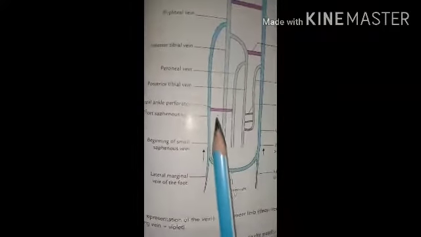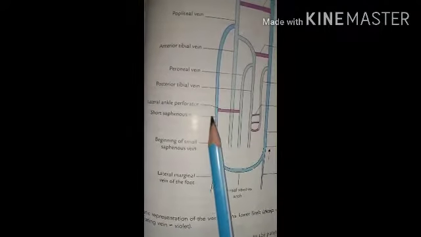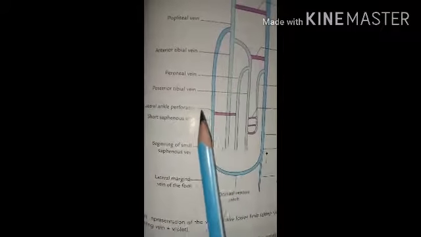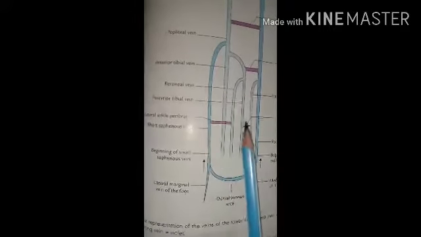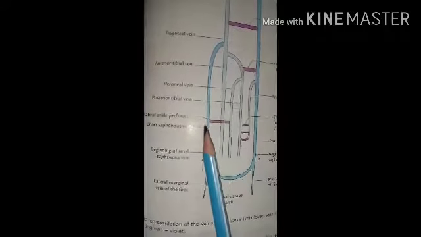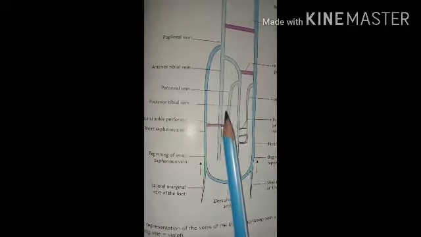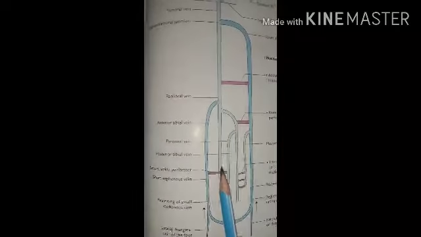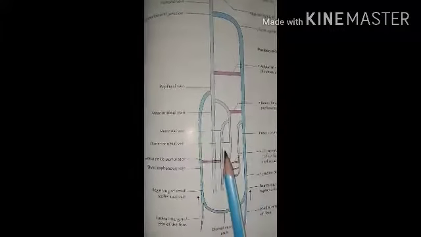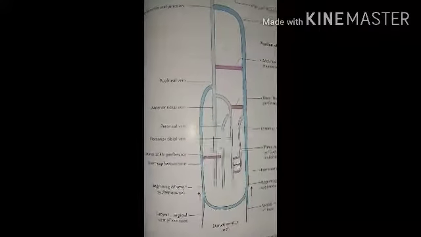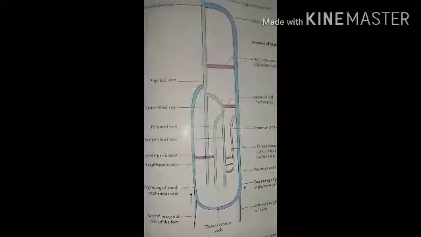And one perforator should be present in the short saphenous vein, called the lateral ankle perforator. So through the perforators, the superficial venous drainage is connected into the deep venous drainage. Then see the detailed structure of each vein.